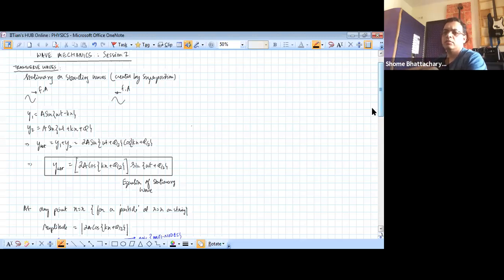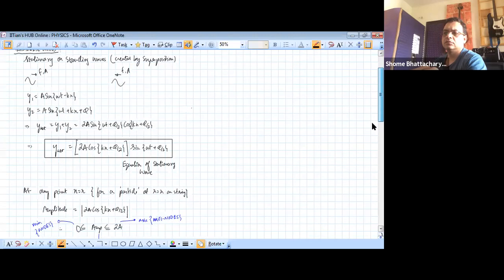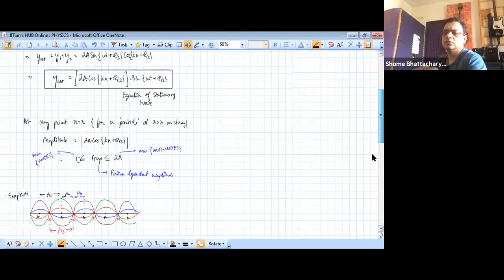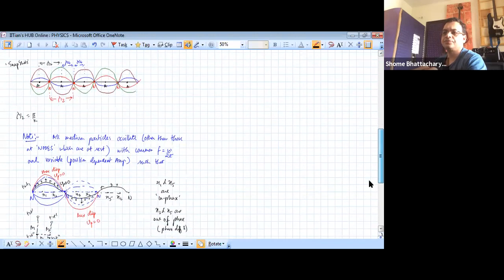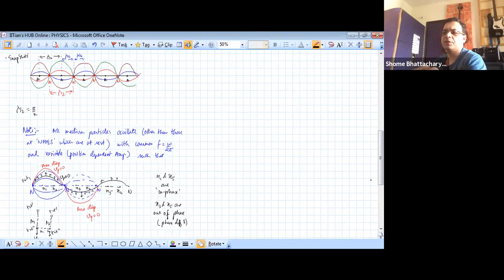But if you take two particles which are nearly at the node but on the same side of the node, they will be oscillating in phase with amplitude tending to zero. Whereas if you take two particles on opposite sides of the same node, they'll oscillate with a very, very small amplitude tending to zero, but out of phase with a phase difference of pi. So let's come to this part now about the phase difference of various particles. Hope this point is clear now to all of you.